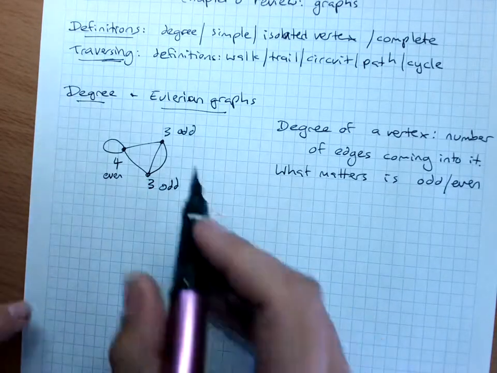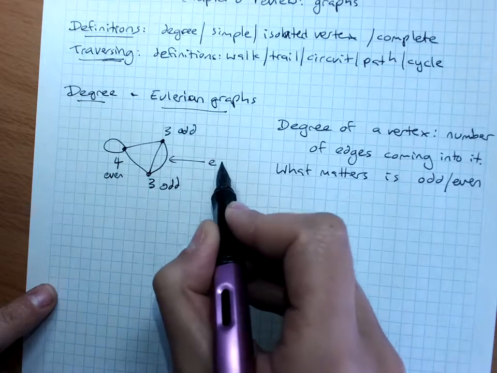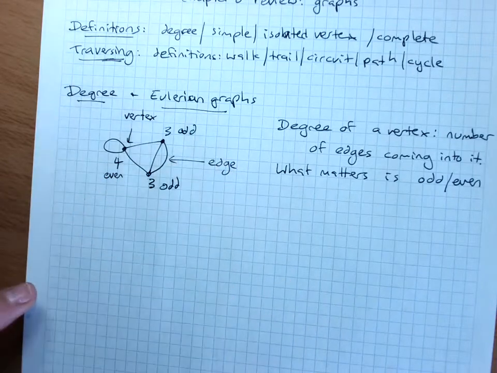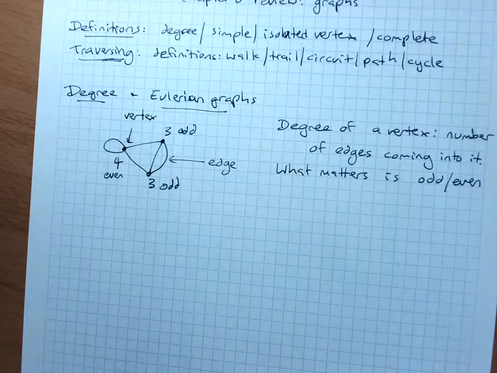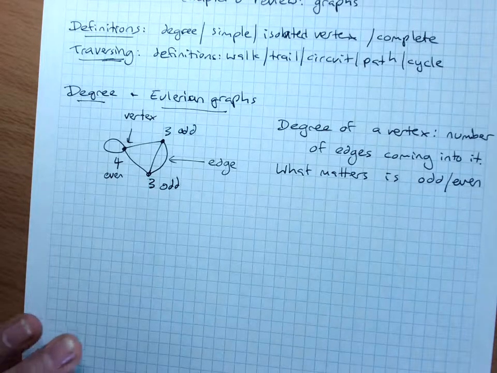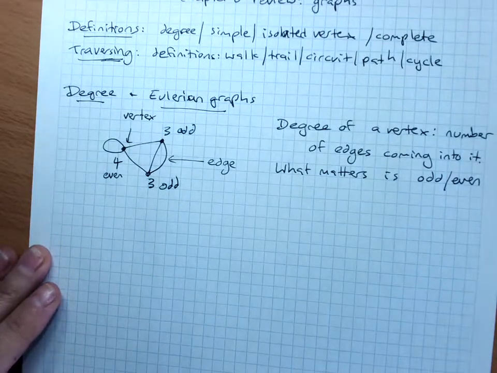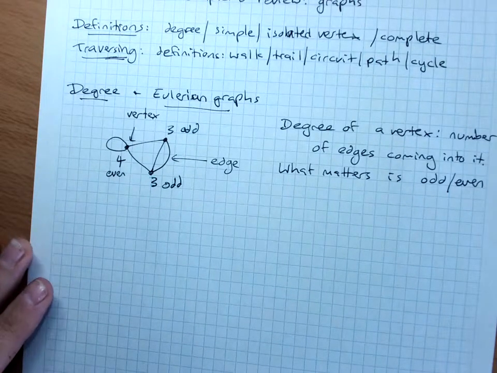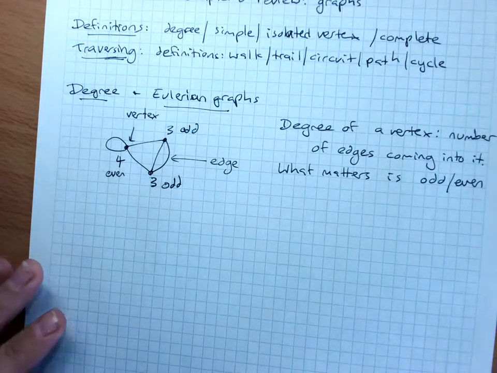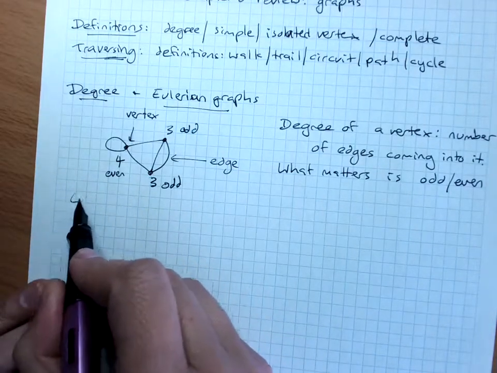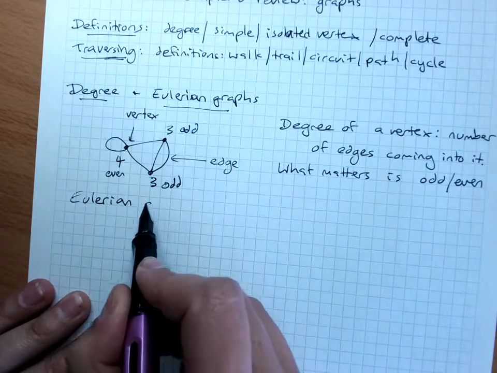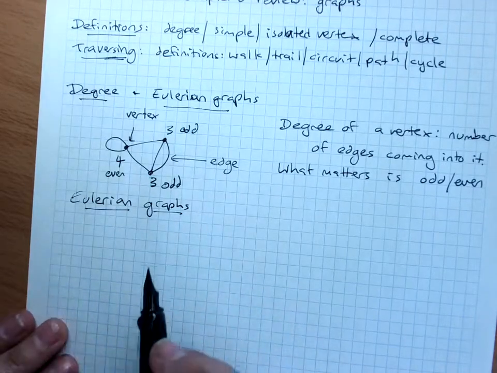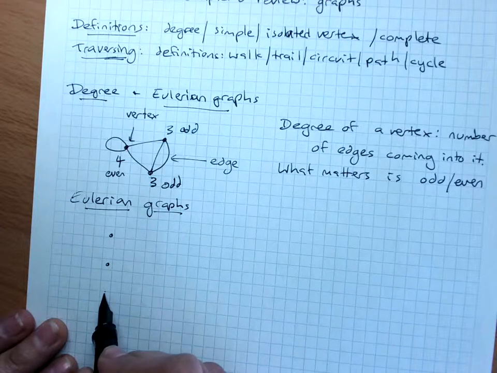Remember, of course, our definitions of our graph. The line is the edge, the points are the vertices, and where we really need to use the degree is in the concept of Eulerian graphs. The typical Eulerian graph problem is the Konigsberg bridge problem.